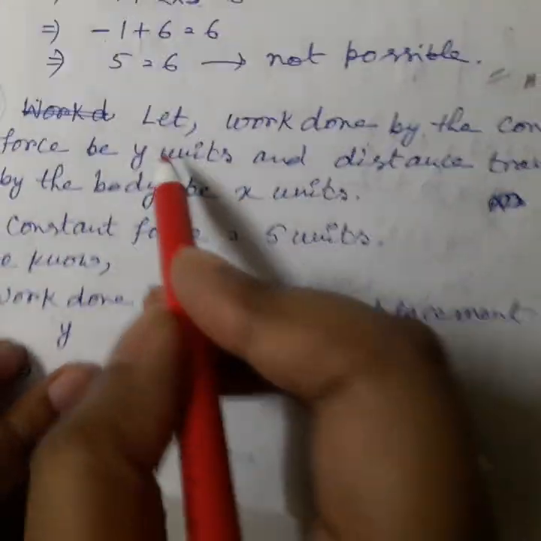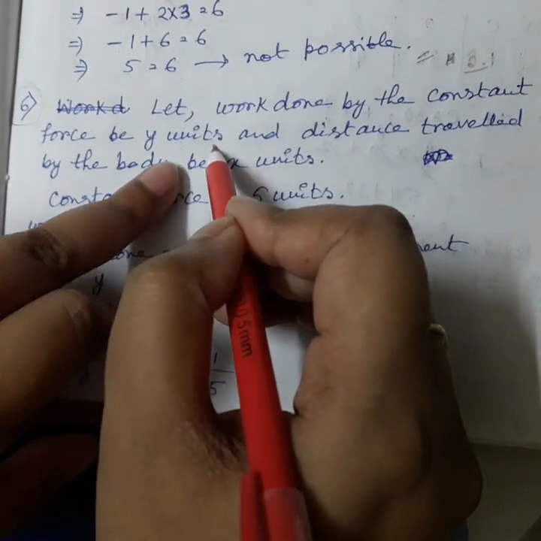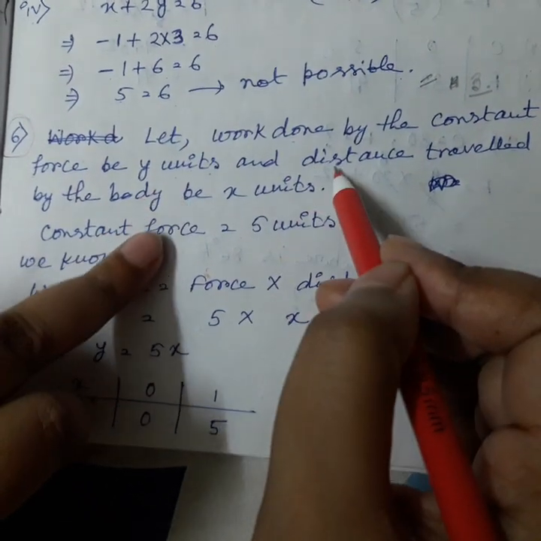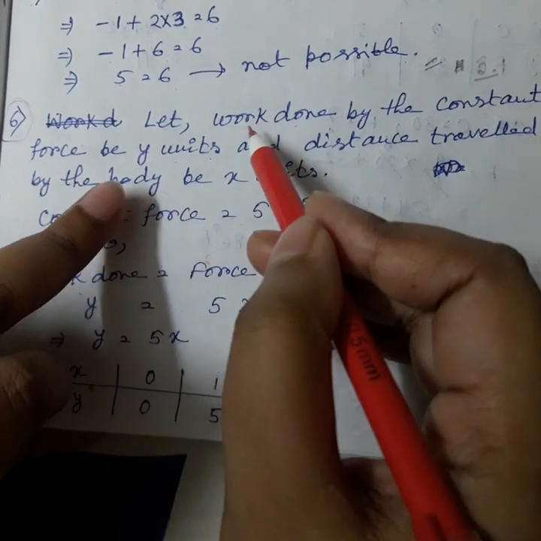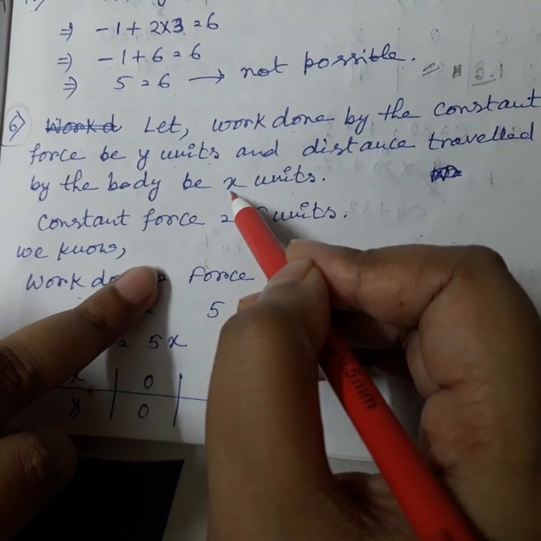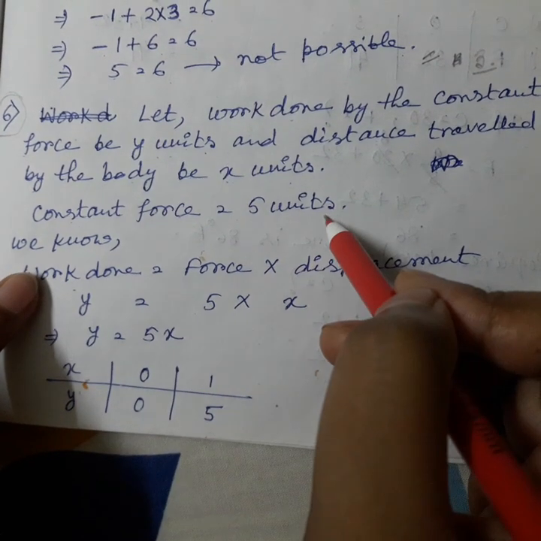So how will we write here? Let the work done by the constant force be y units, and the distance travelled by the body be x units. The constant force is already given in your question, that is 5 units.